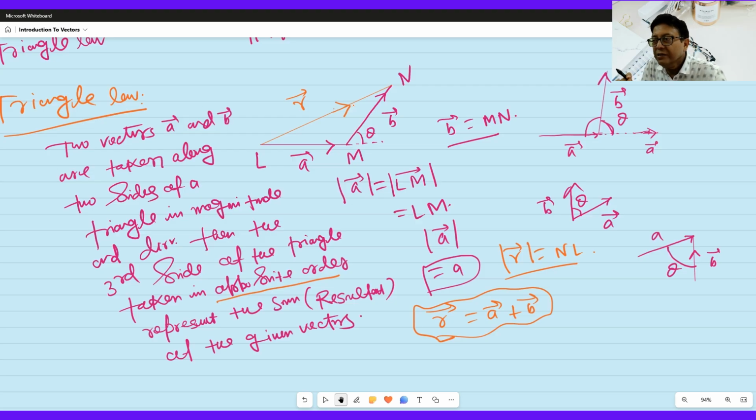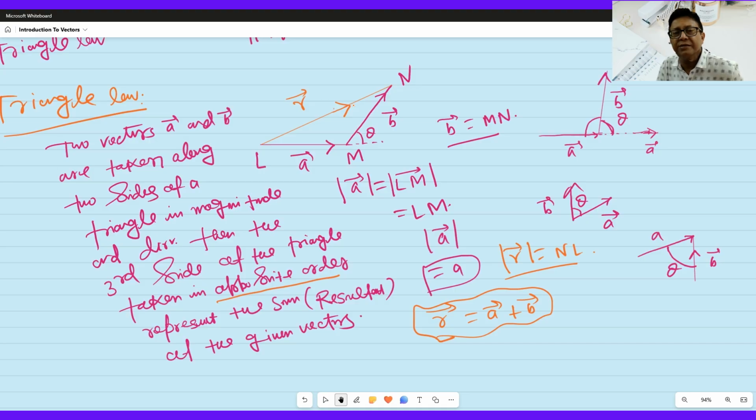You can add any two vector quantities, not only forces. Two velocities can be added. You see how a body can have two velocities in two different directions. This is the resultant direction of velocity. A body might have two accelerations because two forces are there.